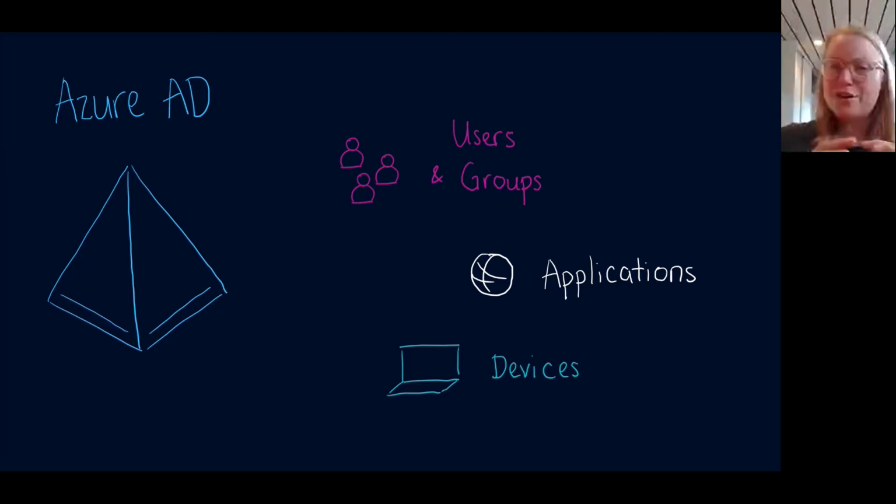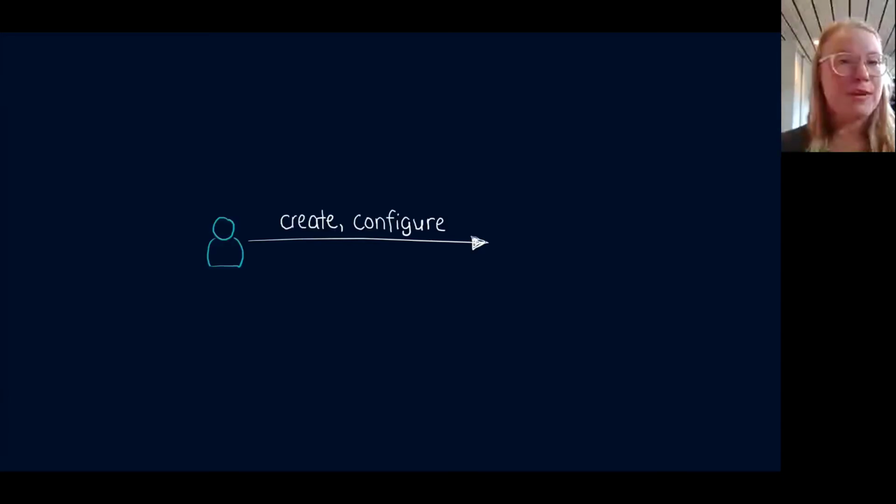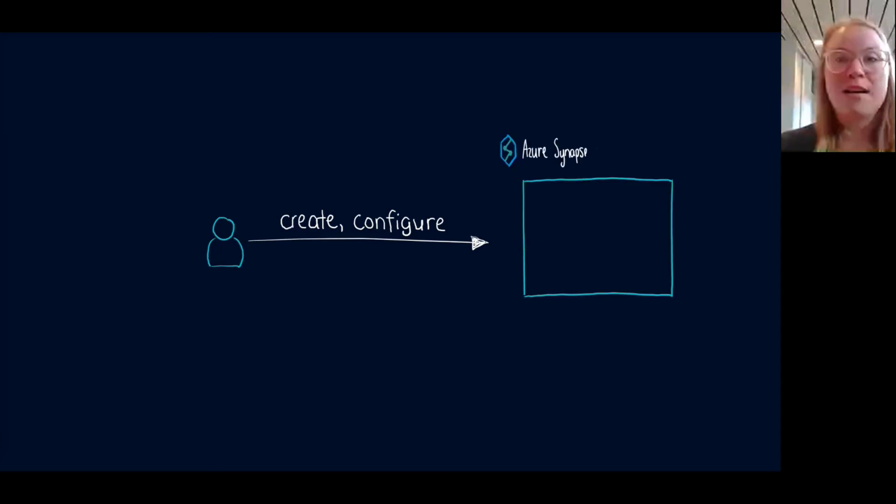But when we start to try to understand this gap between Azure AD and how we use it for our services, let's look at one scenario, one workflow that might be relevant. For example, we might have a user that needs to create and configure our Azure Synapse Analytics service. That would be the very first step when we're getting started.